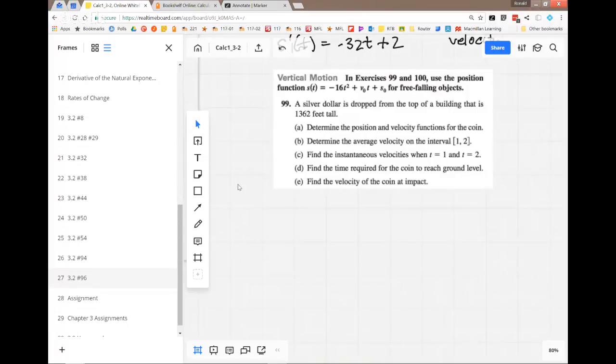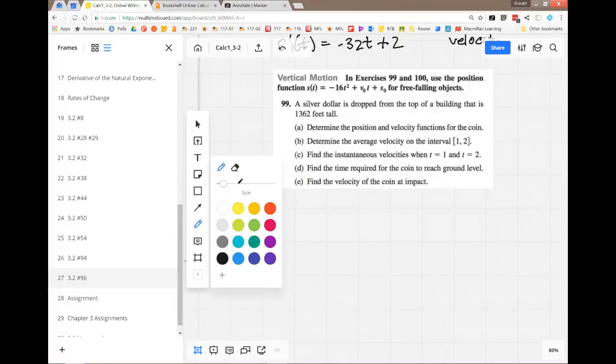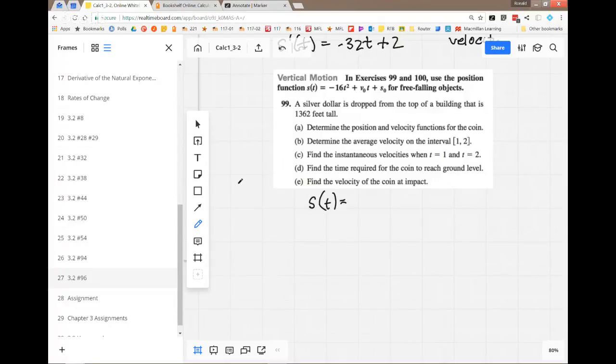Okay, so let's do this problem. Silver dollar. Well, they didn't tell you this, but when you finish this equation, here's what it looks like.